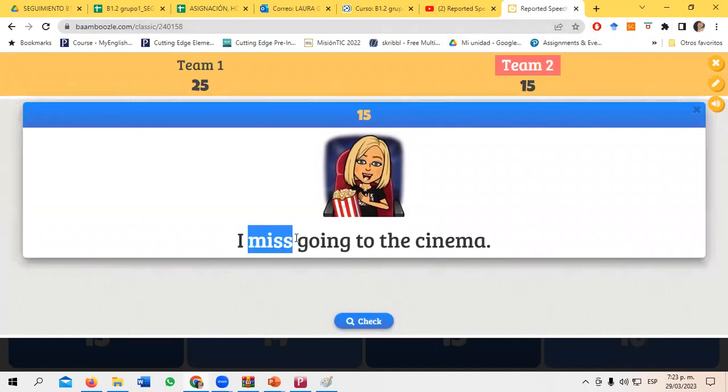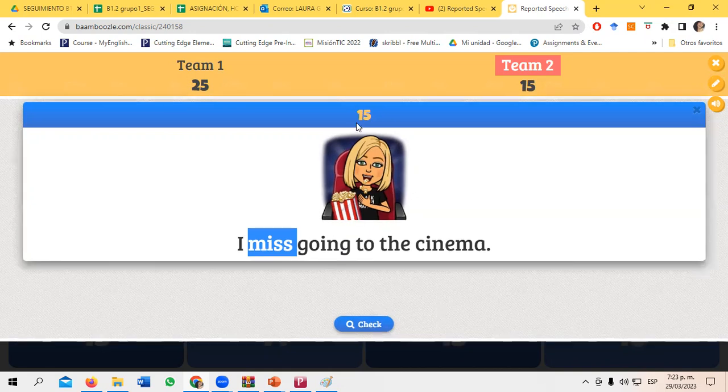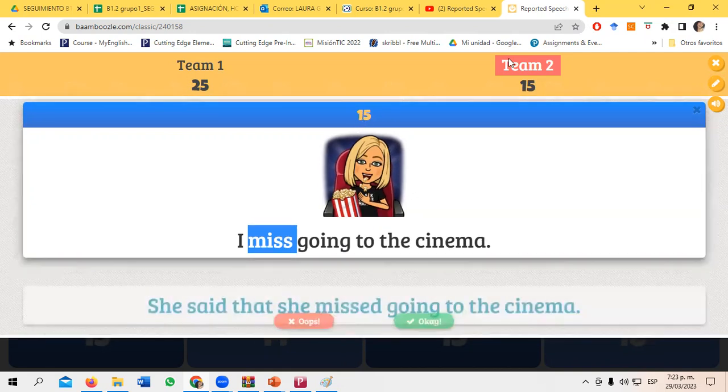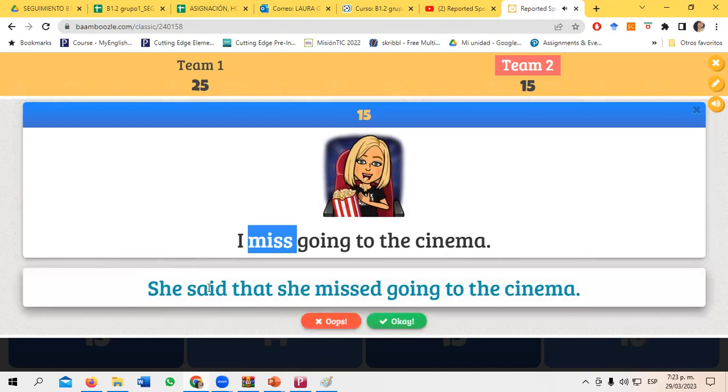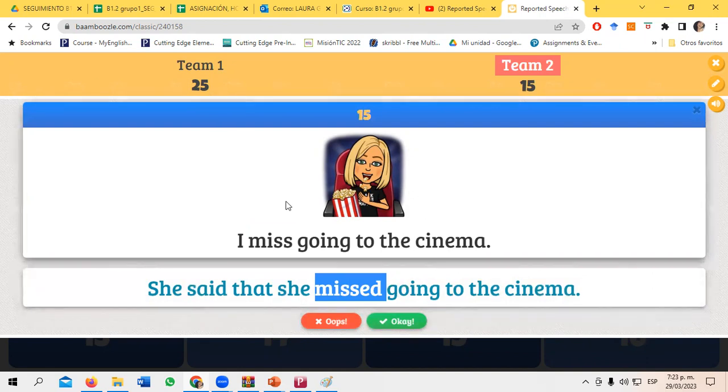El verbo principal es miss, en presente simple. Yes, she said she missed going to the cinema. Yes, correct. She said that, or she said she missed, la pronunciación es con T, missed going to the cinema. Okay, yes, perfect.